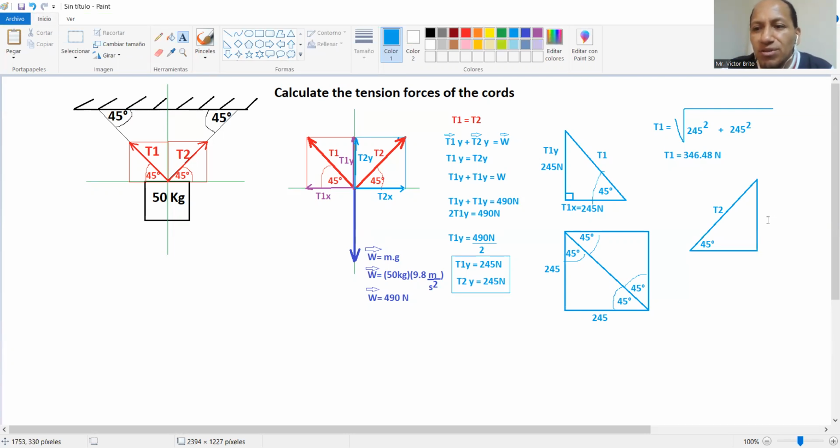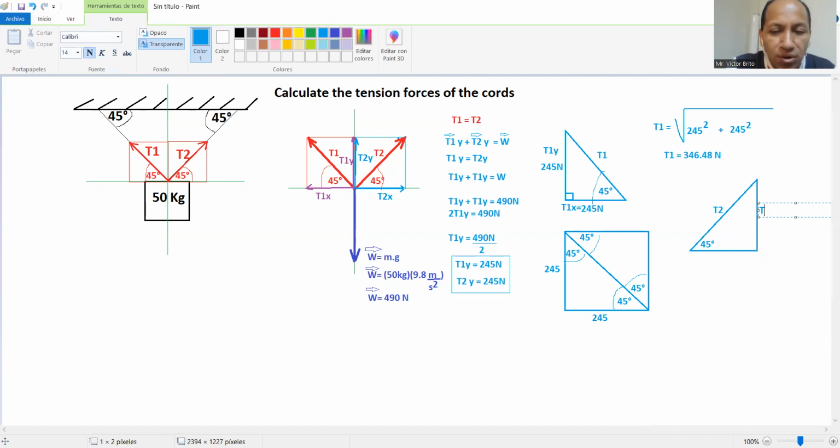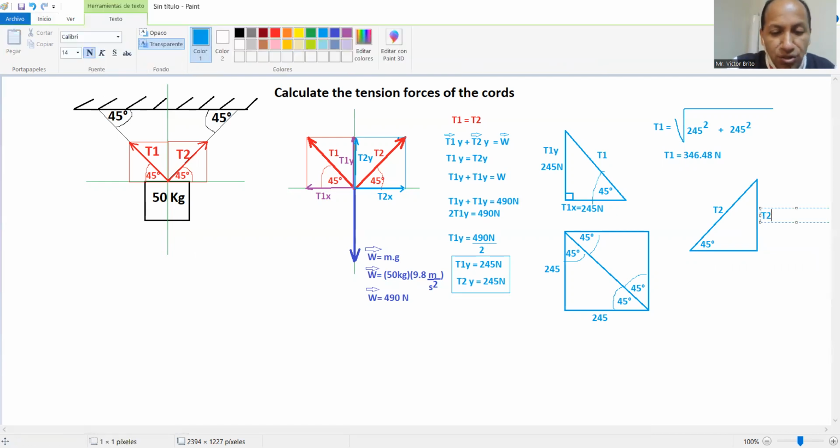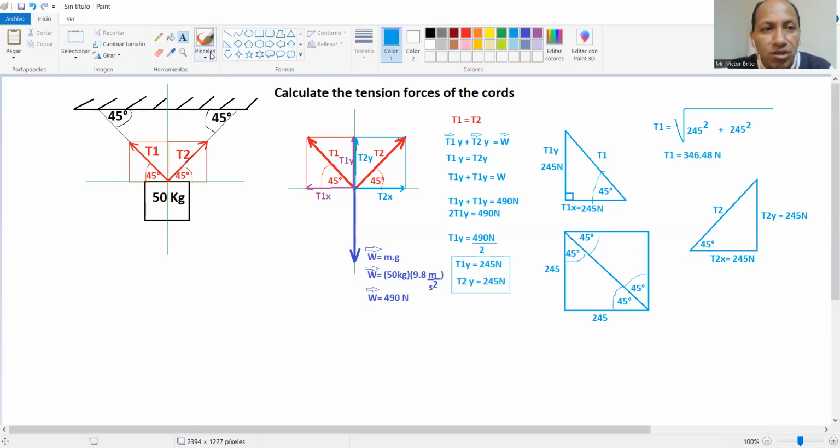So if the tension 1 is equal to the tension 2, then, sorry, it's not tension 1, it was tension 2 in Y. The tension 2 in Y equals 245 newtons. That means the tension 2 in X is also 245 newtons, because that's the only possibility, like I explained in the square, for the two values to be the same.